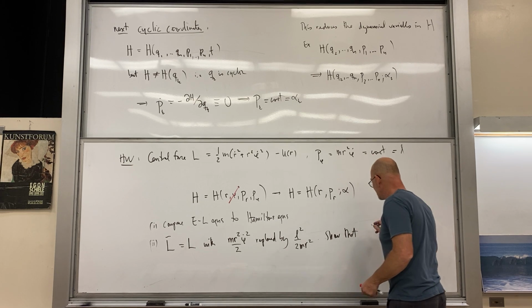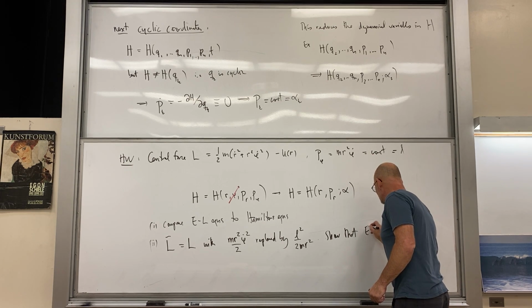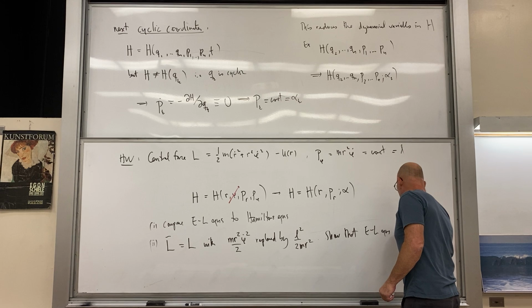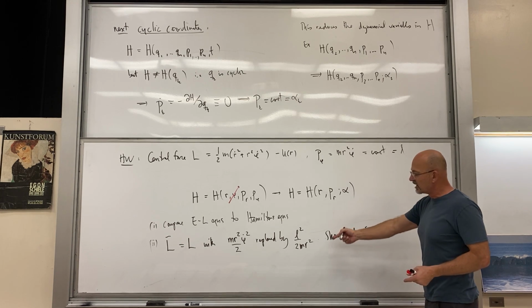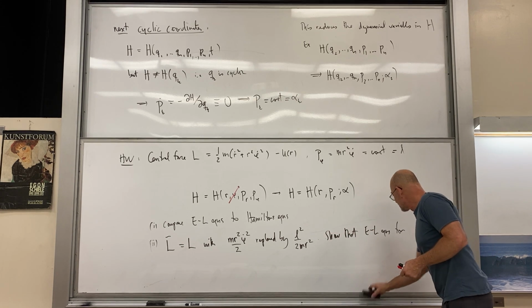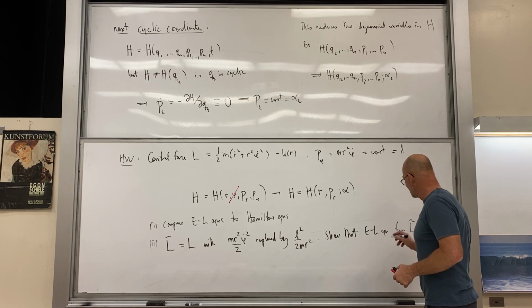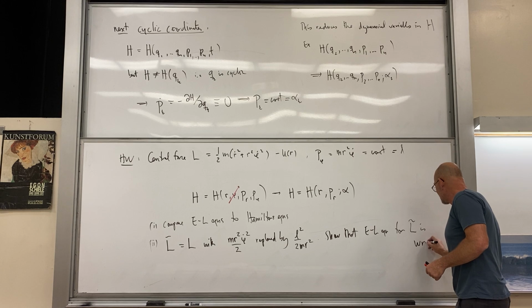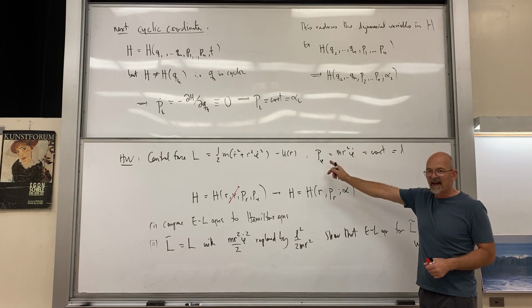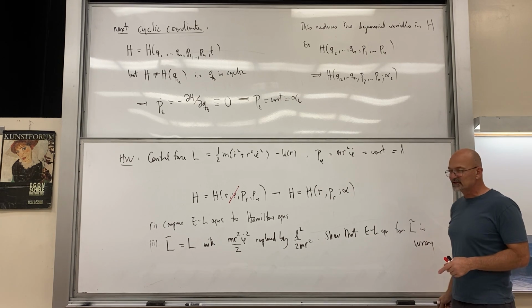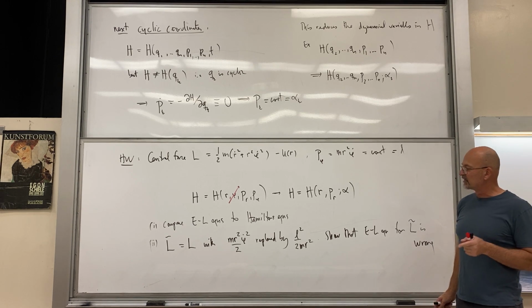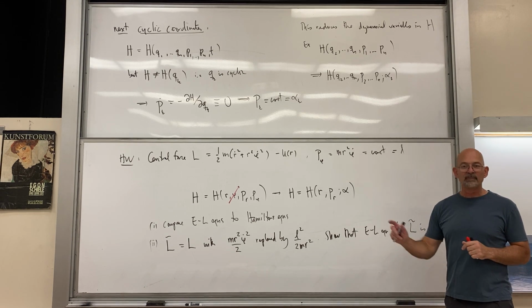Show that the Euler-Lagrange equation for L tilde, in fact there will just be one equation, is wrong. The right one you already have, so you'll see that it gives you a wrong answer, and it's pretty subtle because it looks really good, except it's off by a minus sign.